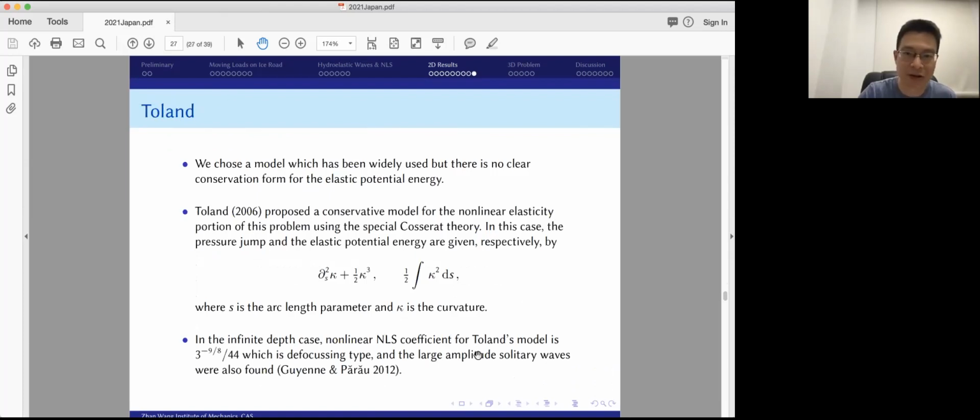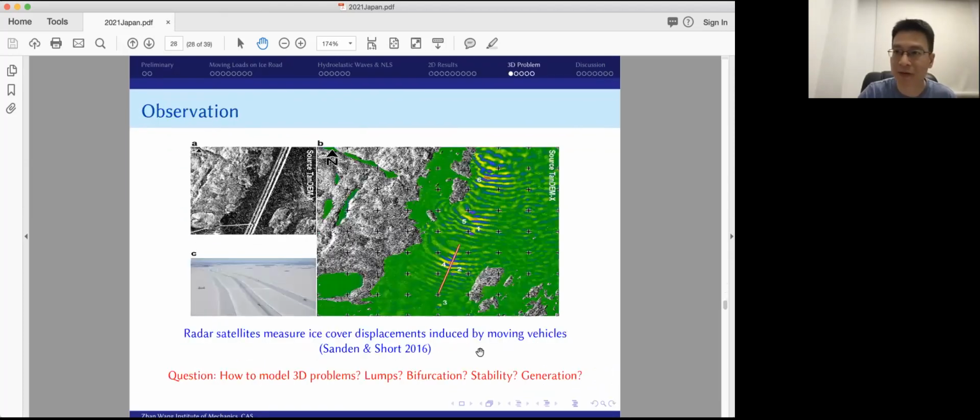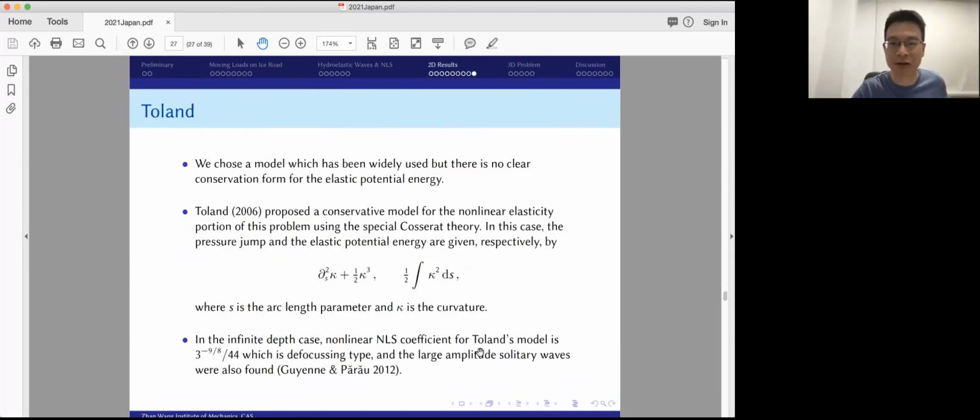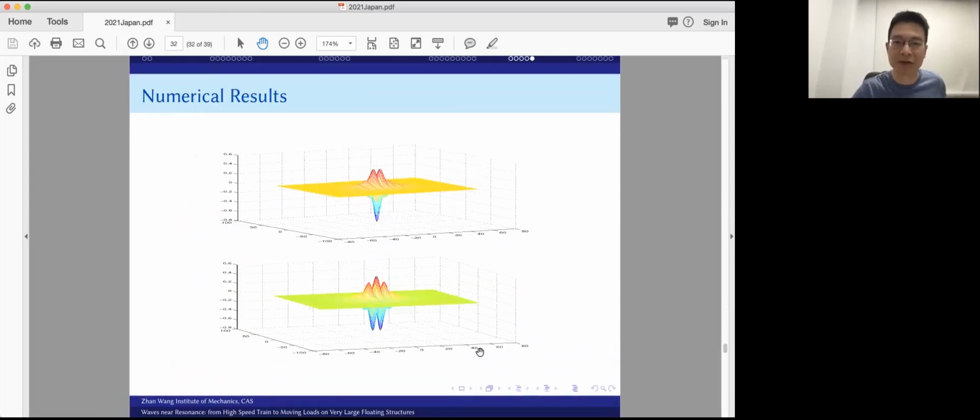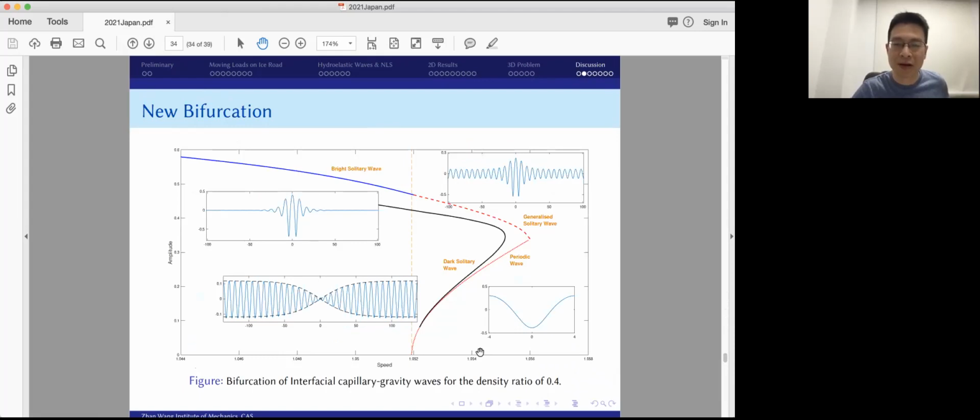So maybe I don't have time to go further. I'll say something about my recent work. Recently I found a very weird bifurcation that never happened before. This bifurcation is quite interesting.